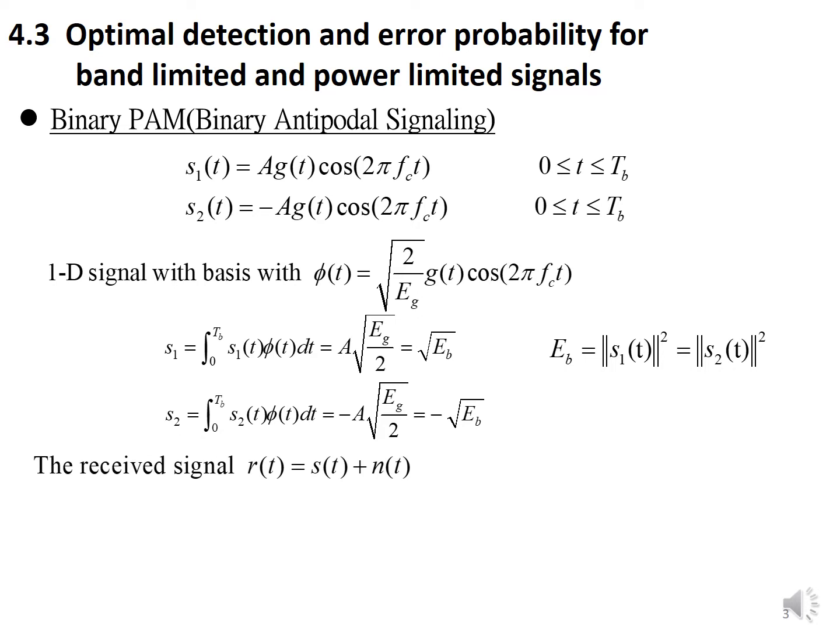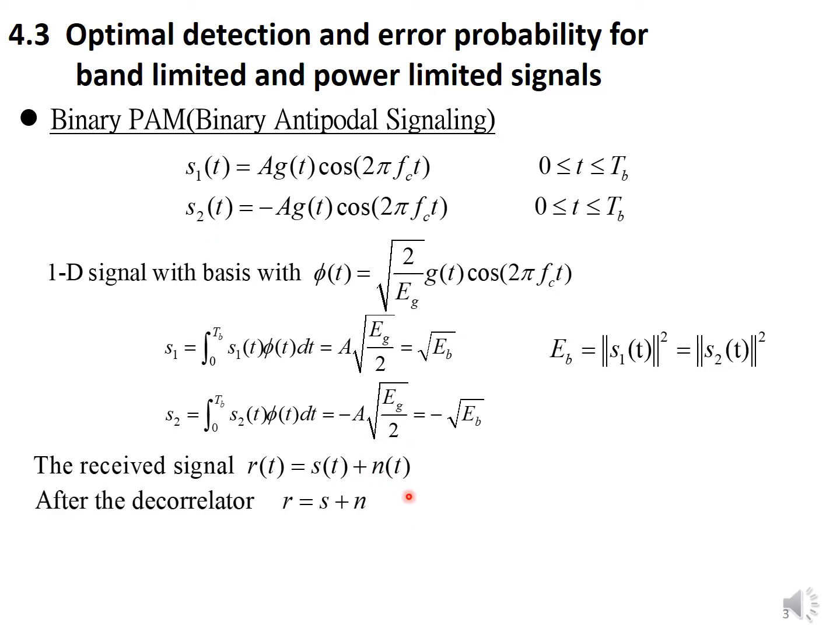Okay, so the received signal would be either s1 or s2. The received signal would be positive or negative, so it's binary, or antipodal. The received signal r(t) would be either s1(t) or s2(t) plus the noise n(t).